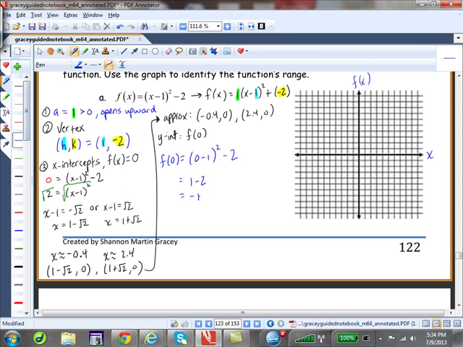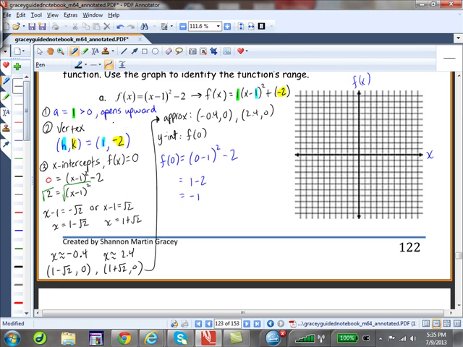So let's see what all we have, because we might be able to use symmetry here too. So remember that from the vertex, we found the axis of symmetry. I'll put it over here.